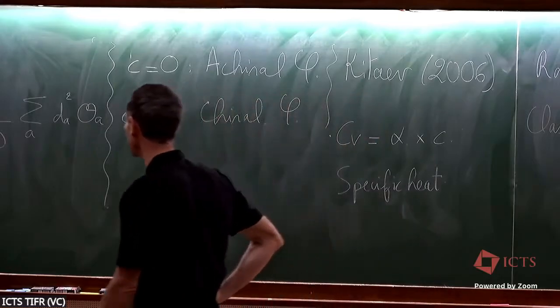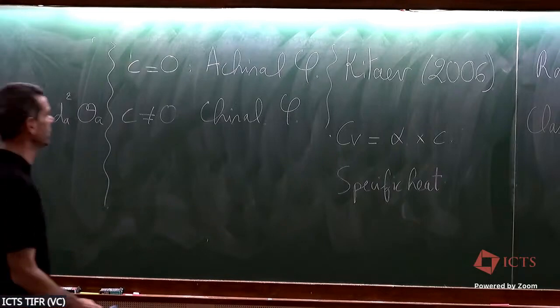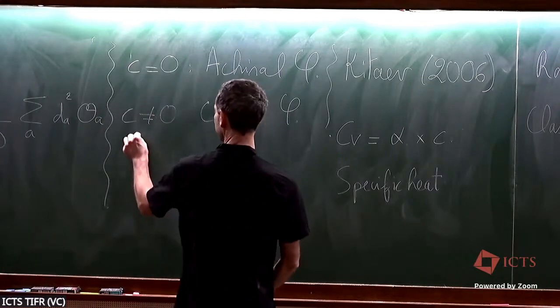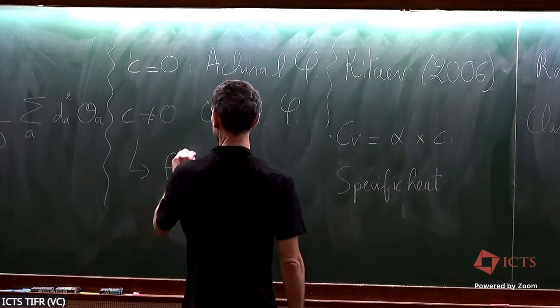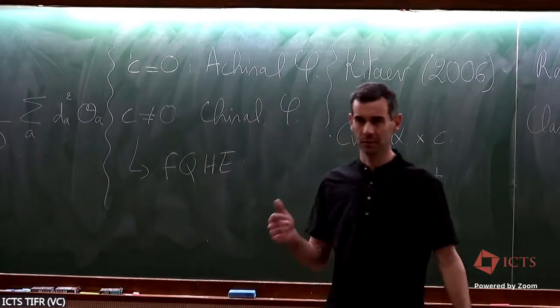Some simple examples of chiral theories are of course the well-known fractional quantum Hall states, where you explicitly break time reversal symmetry with a magnetic field.